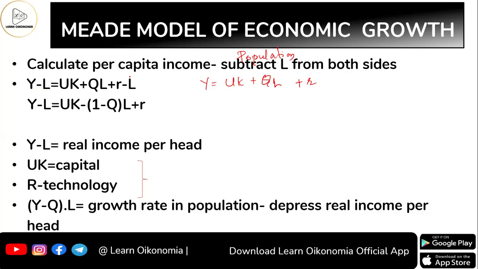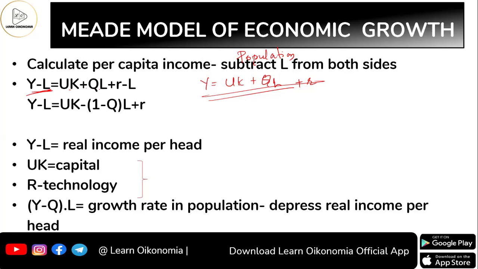We take this equation, we subtract L from this side of the equation, that becomes y minus L is equal to UK plus QL plus R minus L. So the equation becomes like this.